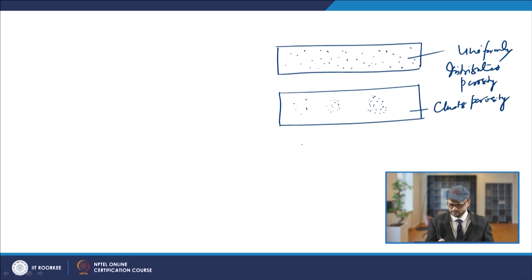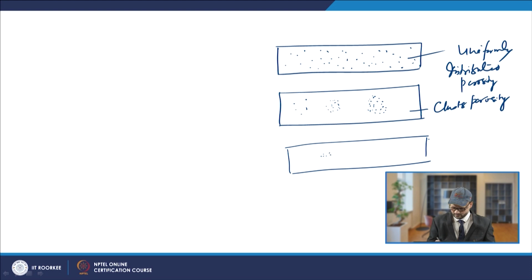Many a times you will have the starting porosity, and starting porosity will be looking like it will go like this. Normally it is seen when stick electrodes are used, and in that the porosity is spaced at distances, just like the weld metal is stuck to the stick electrode.